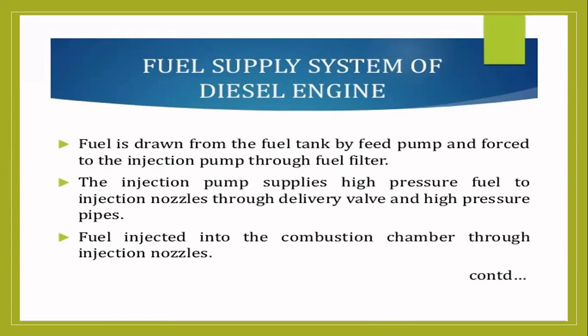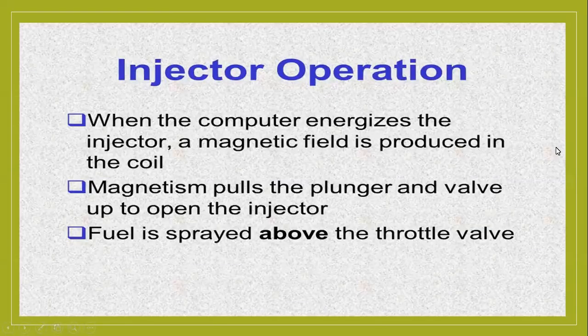So I told you there are two important parts: the injector pump and the injector nozzle. You see the injection pump, or they call it the injector. Injector is not a nozzle. Injector is a pump.